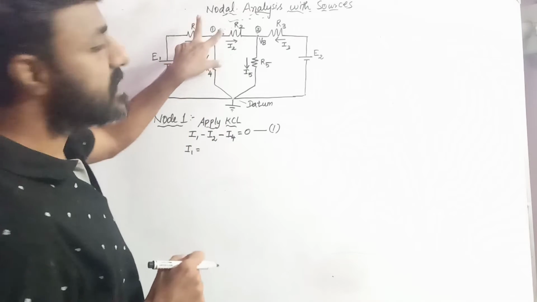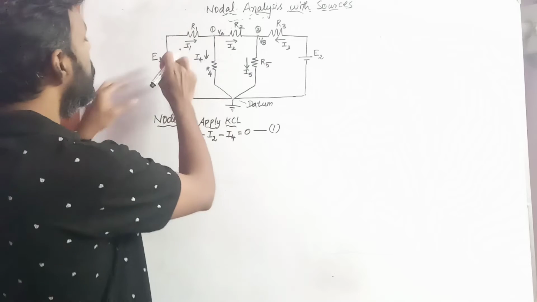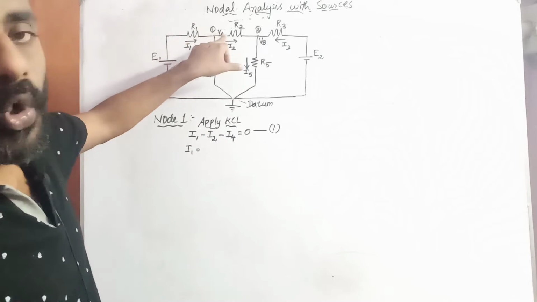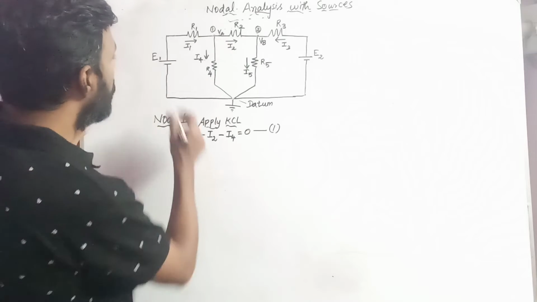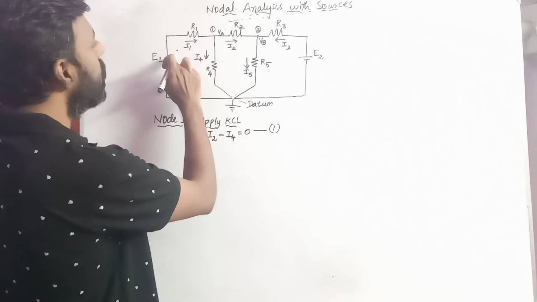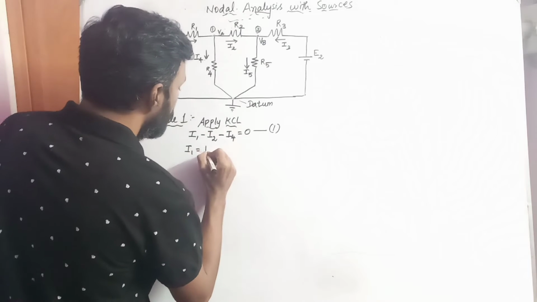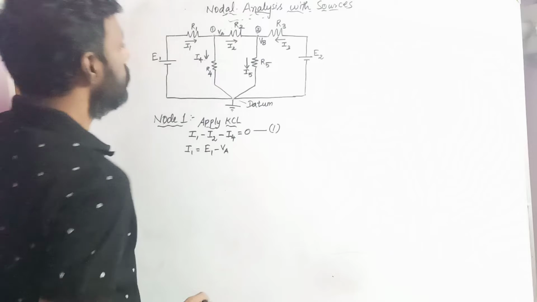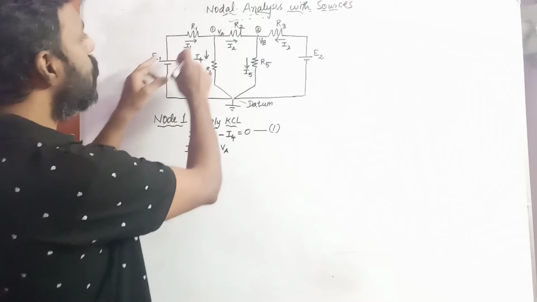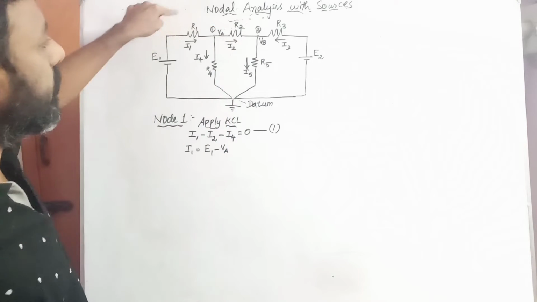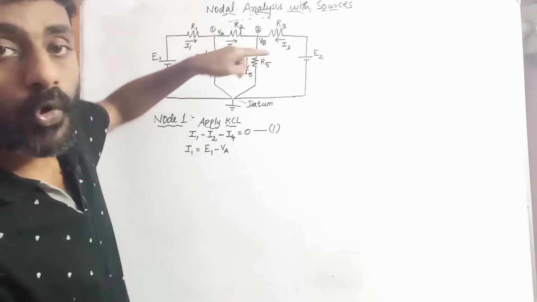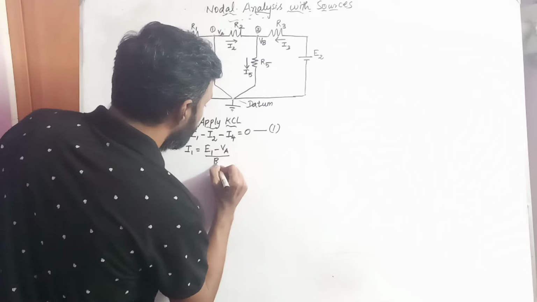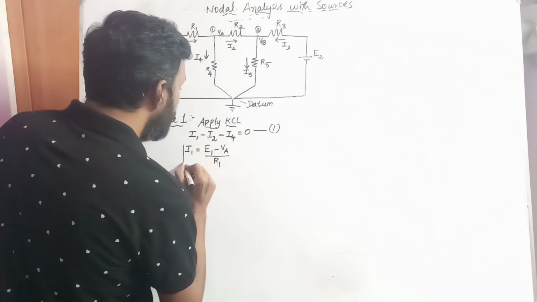The voltage that is encountered here will be the difference between the EMF of the battery and the node voltage. So I1 is equal to E1 minus VA, divided by the resistance through which this current is flowing, which is R1. So this is the value of the current.